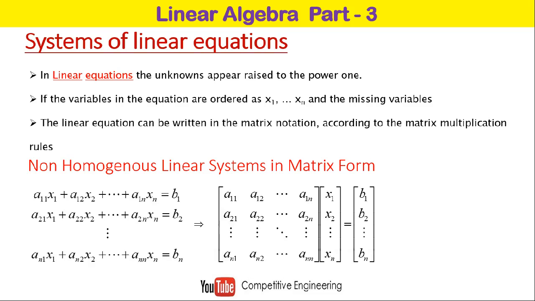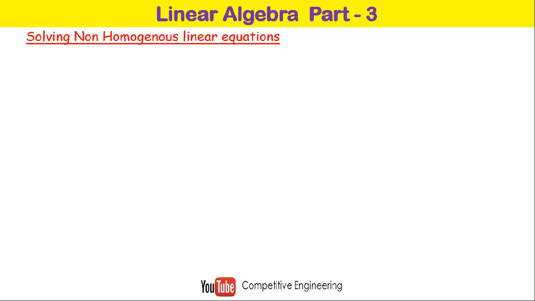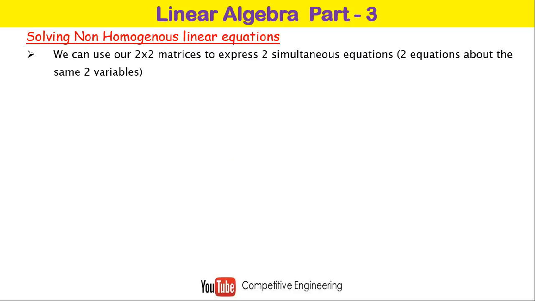On the left side you write a11 a12 etc. a1n, that is the A matrix, the coefficient matrix of x. Next is a column matrix of unknowns x1 x2 etc. xn, and b on the right side, that is b1 b2 bn: the A matrix, x matrix, and b. I hope you got that. Ax equal to b form. So how to solve the non-homogeneous linear equation, we will be introducing that.